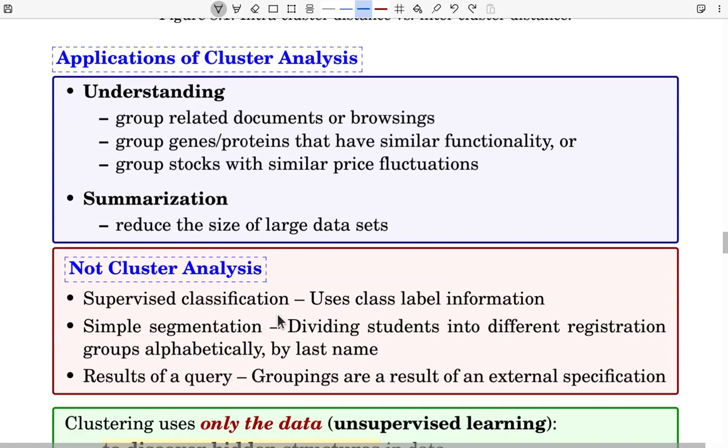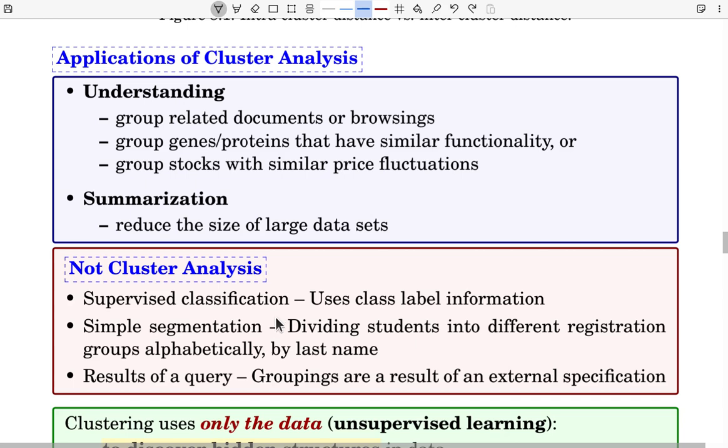And once you are using labels, then it's not cluster analysis. That's usually said. However, if you use available supplementary data components to get better clustering, then it's okay.